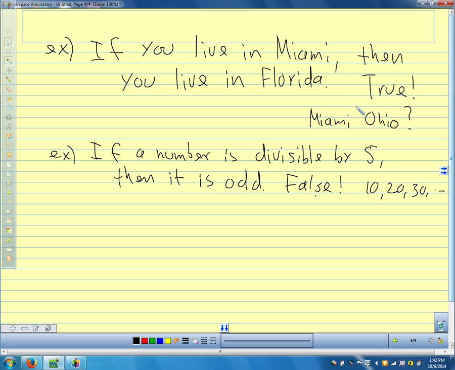Does anybody remember from the video? We call that a conjecture. If we make a conjecture, we think this conditional statement is true, then we have to prove that it's true always. We'll do some of that a little later.